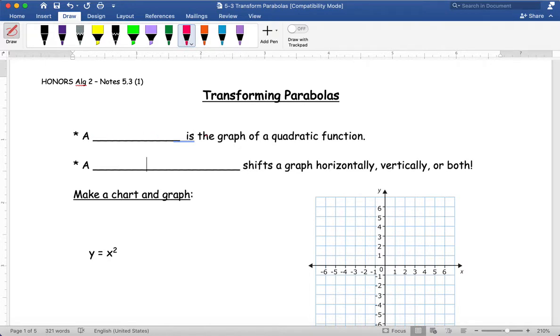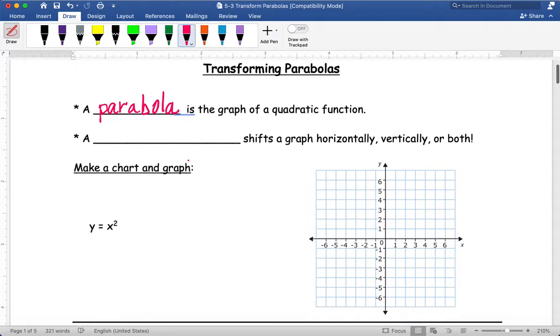A parabola is the graph of a quadratic function. Well, since this section's called Transforming Parabolas, a parabola is the graph of a quadratic function. A transformation, we've done this before, moving it around on the coordinate plane.